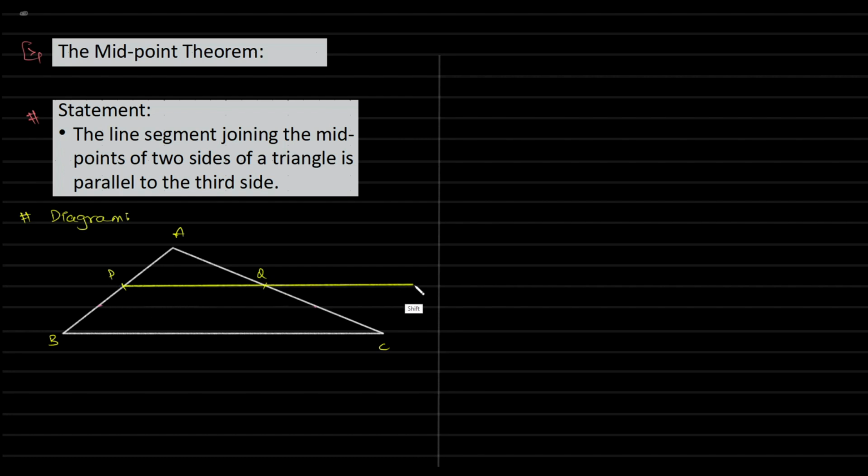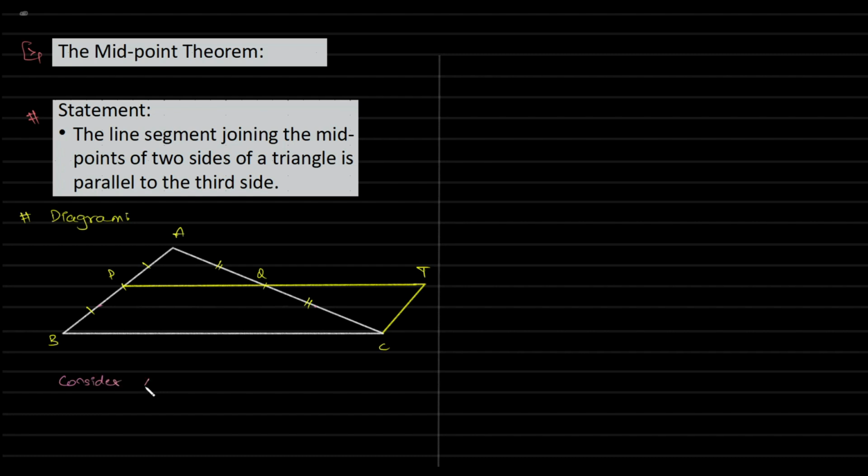We will extend something like this. Then we'll join this and call it point T. So this is your diagram, wherein we have these two sides and these two parts of the length are equal. So let's talk about the diagram.